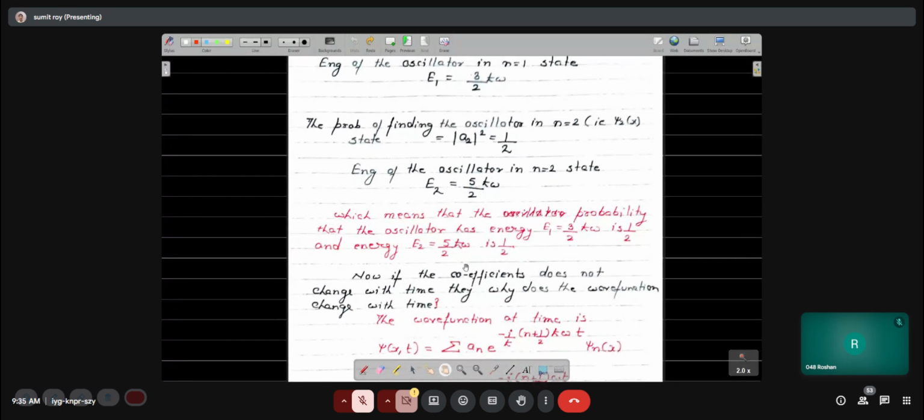Which means that the probability that the oscillator has energy E_1 equals 3/2 ħω is half, and energy 5/2 ħω is also half.